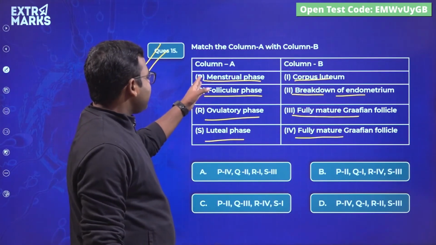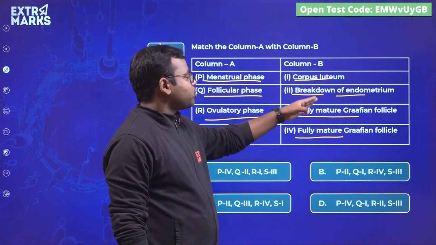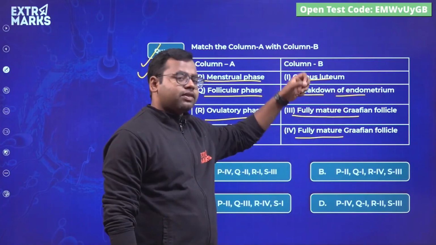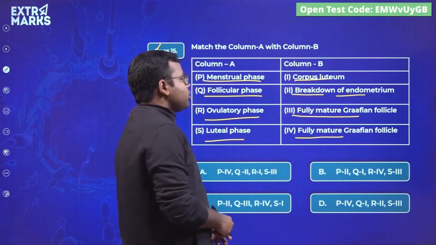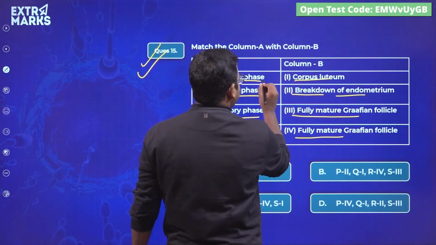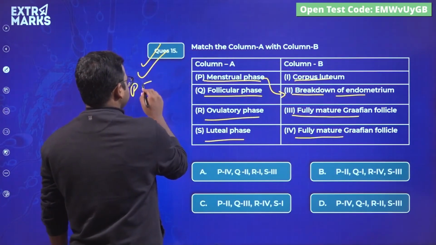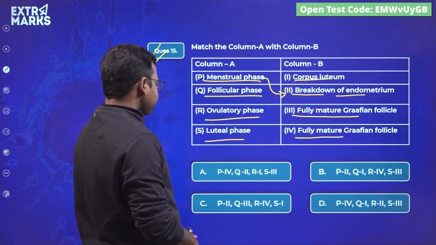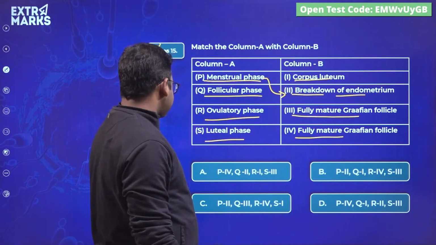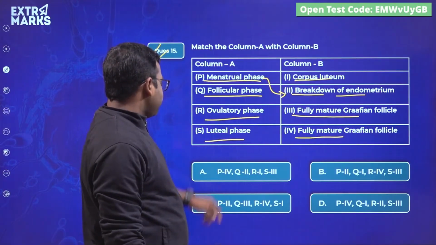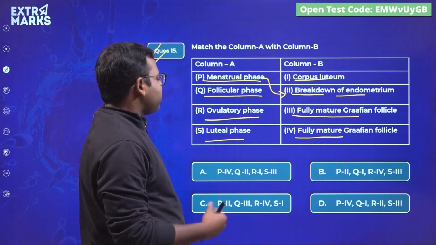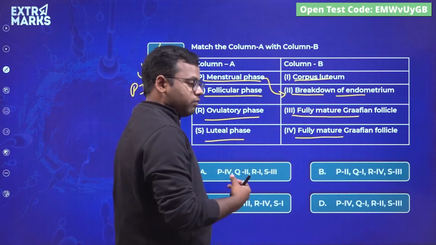P, the menstrual phase: what is going to happen? The endometrium lining is shattered, it is going to break down. So the breakdown of the endometrium lining is option 2, so P is going with 2. Then the follicular phase: the follicles are being formed.